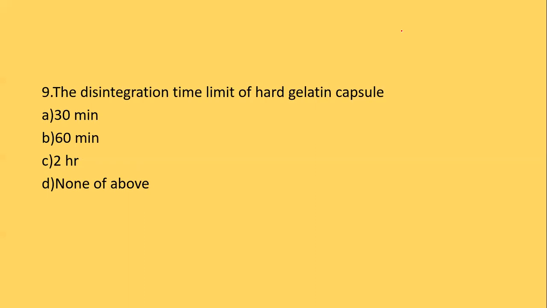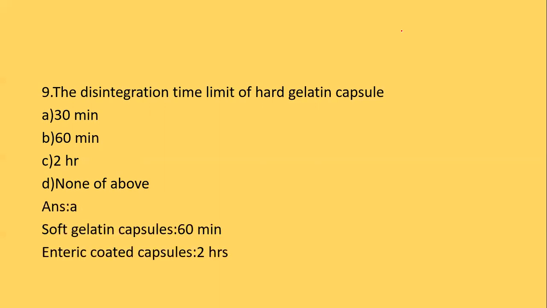Next question. Disintegration time limit of hard gelatin capsule is option A 30 minutes, option B 60 minutes, option C 2 hours, and option D none of the above. So hard gelatin capsule disintegration time is 30 minutes and soft gelatin capsule is 60 minutes, whereas for enteric-coated capsules the disintegration time is 2 hours. So never get confused.